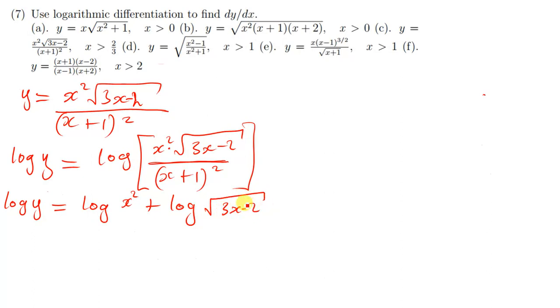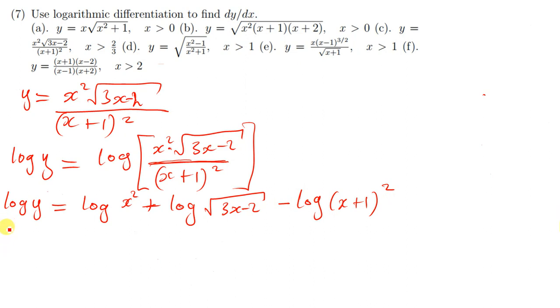If there's need for you to simplify the expression before you introduce the logs, you always have to do that. It really helps when differentiating. Where there's multiplication, I've put the plus. Since there's this division, I'm going to put a minus. I'm going to say minus log (x plus 1) squared.